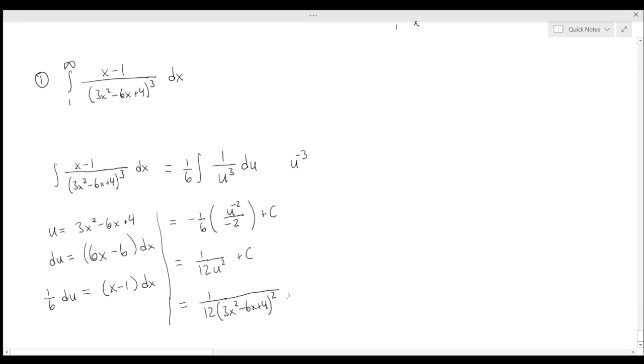Okay, yeah. It shouldn't be negative 1/6, so I just randomly added a negative sign for some reason. Yeah, thank you. So that means it'll be negative in the end then.